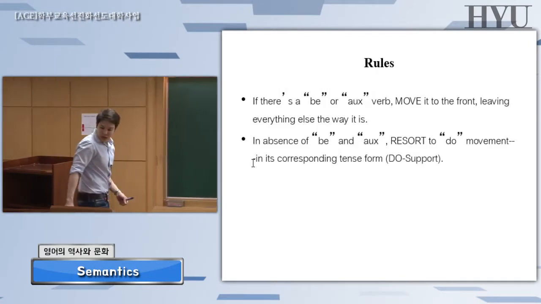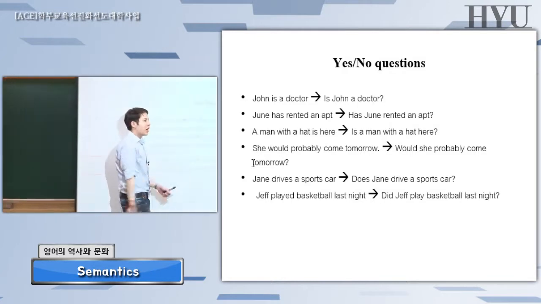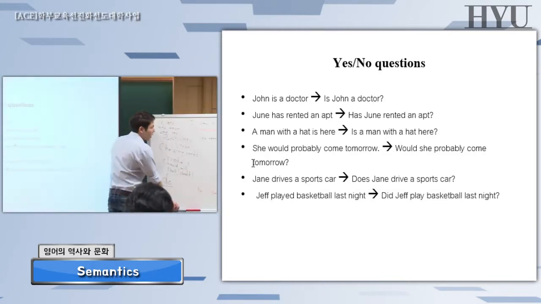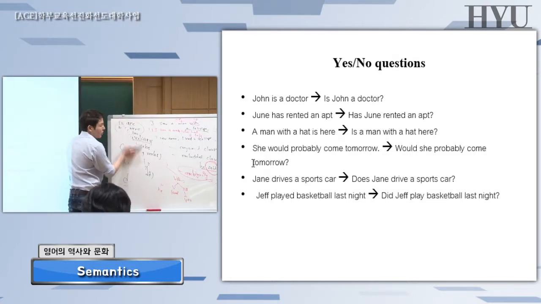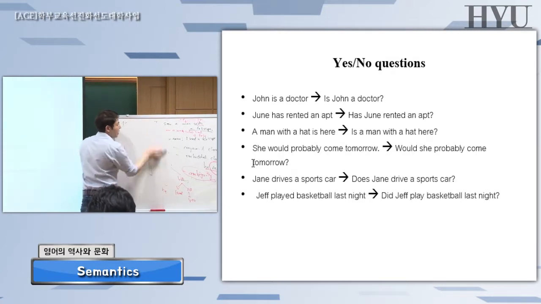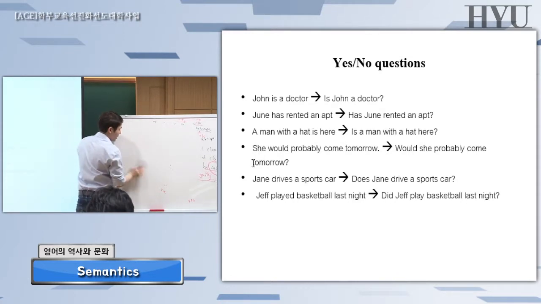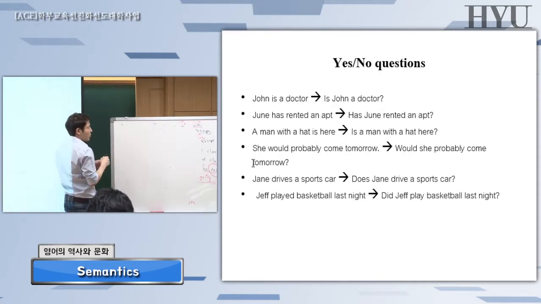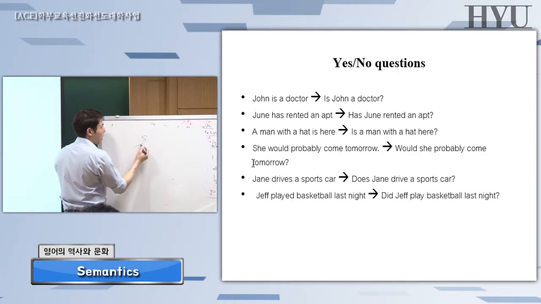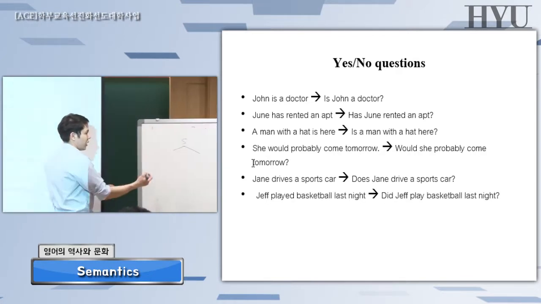So the tree, since we claim that all sentences look the same, right? And there is some transformative step. There are some transformative steps to making a statement into a question. So the original, let's say, is John a doctor, right?